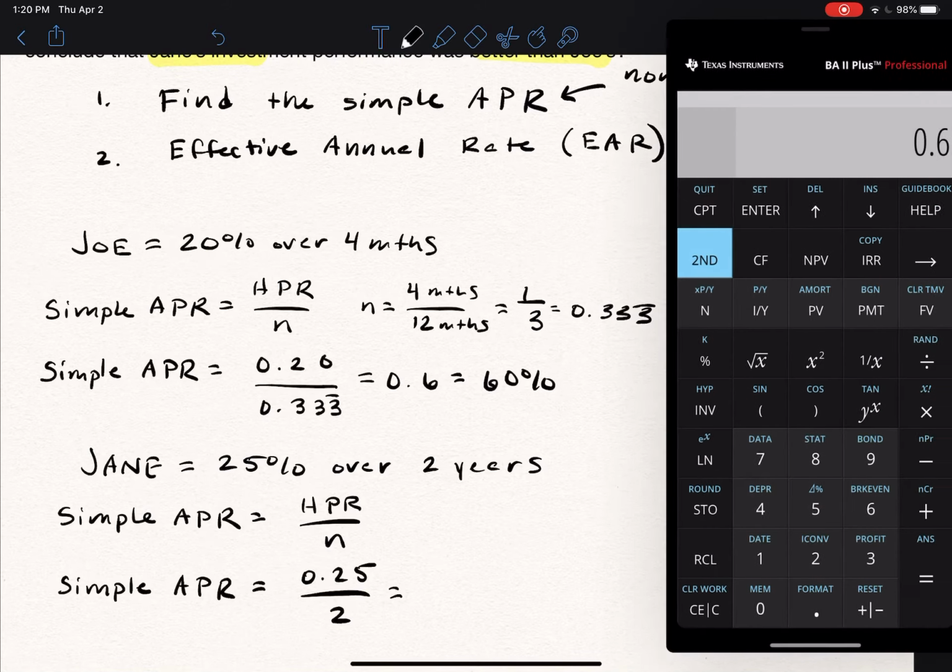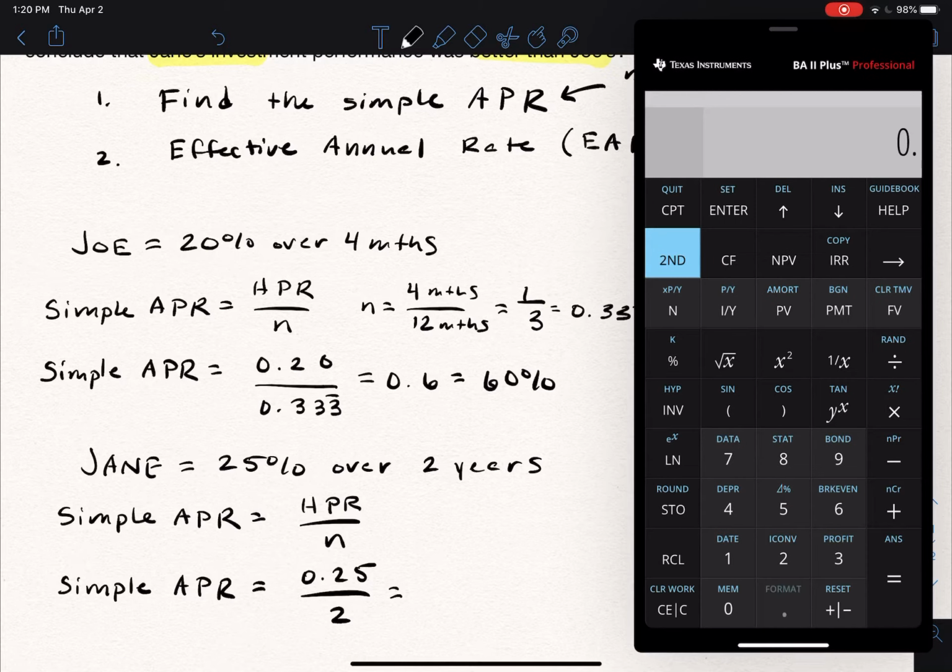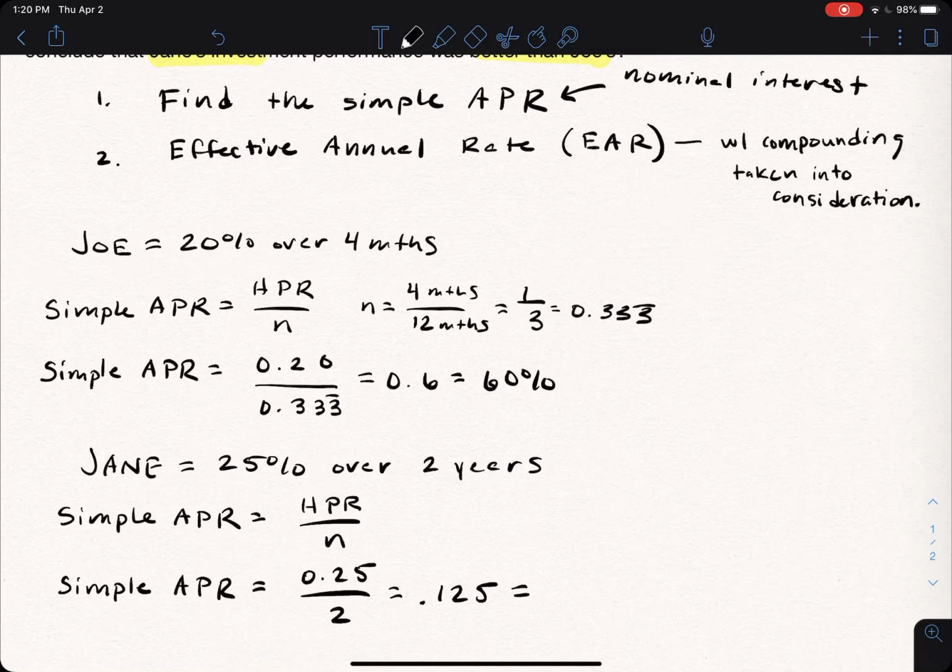Which, if we pull our calculator out, is going to give us 0.125, which is the same thing as saying 12.5%. So now things are really starting to come into perspective, aren't they? Right?